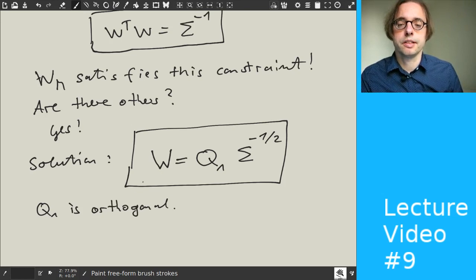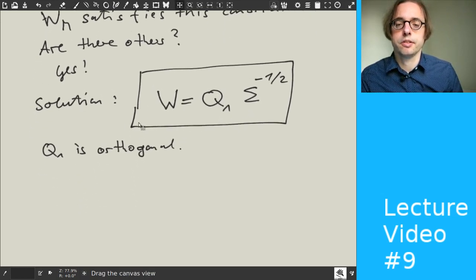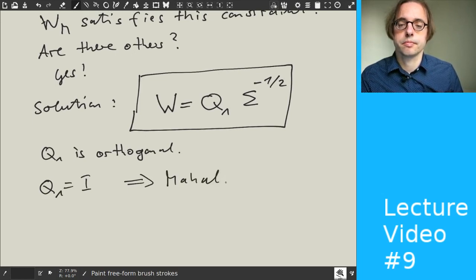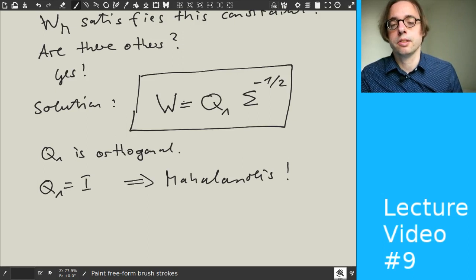And if we set Q equal to the identity, then we get Mahalanobis. But if we use any other Q, and there are infinitely many rotation matrices, then we can get different whitening matrices. And it also works the other way around.